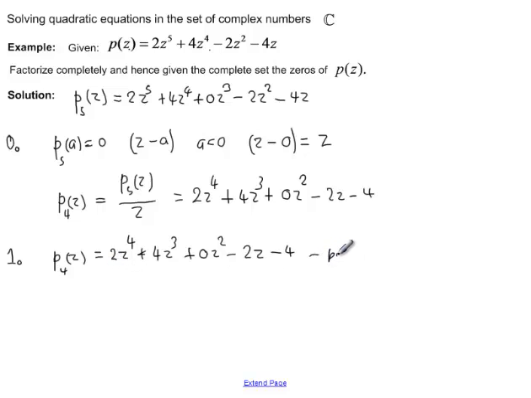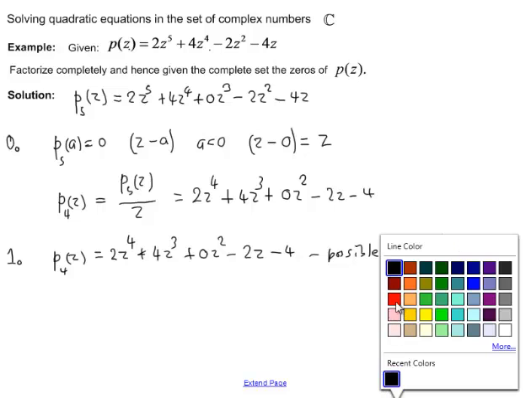Let's write here possible zeros. They are going to be of the form d over L. And then you should have a question there: what is d, what is L? Let's mark d and L there permanently so that you cannot forget.